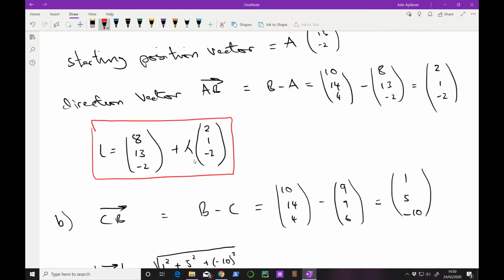So I don't need that, and I also don't need the amount of steps. I just need the way my line is behaving. The same thing with CB. I just need to know the way my line is behaving, which is 1, 5, minus 10. And in the line L's case, 2, 1, minus 2.